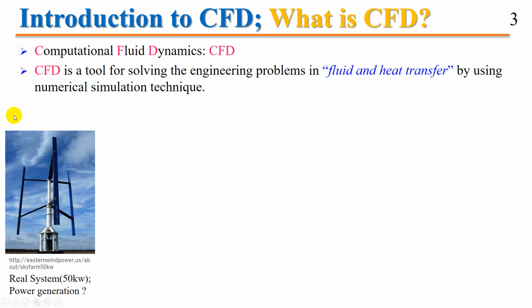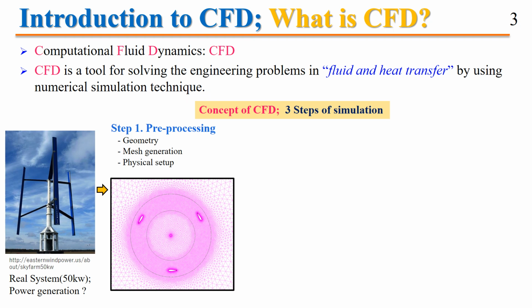For example, if you want to investigate the aerodynamics of a vertical axis wind turbine by using numerical simulation, you should prepare with 3 steps. The first step of this system is called pre-processing.